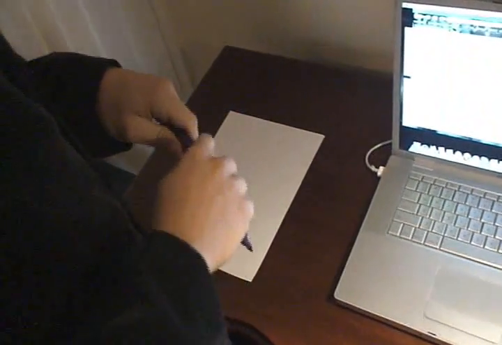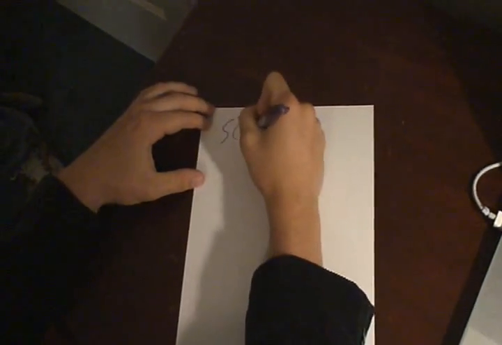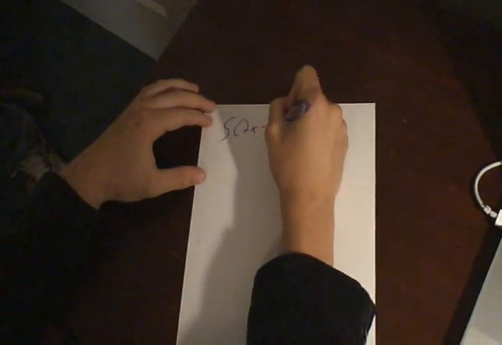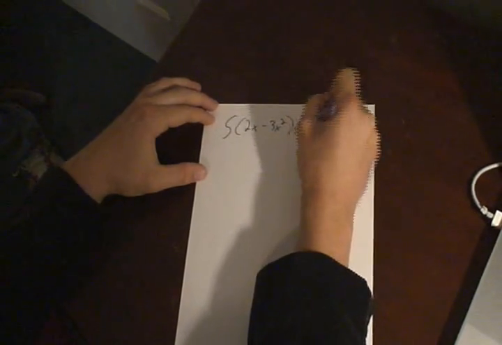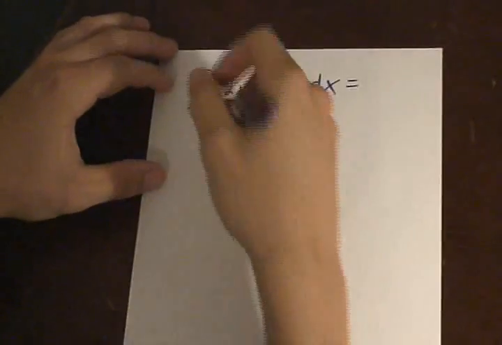Follow me. This is always hard. It's never easy to see a problem in such terrible condition, but we're going to do the best we can. Well, the original problem was 2x minus 3x squared, and we're going to integrate that to return it.